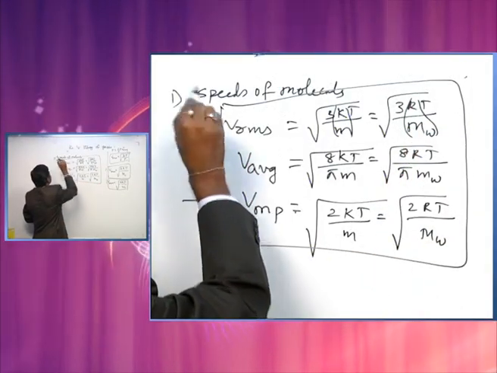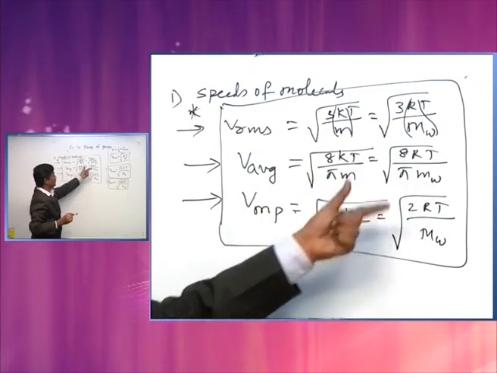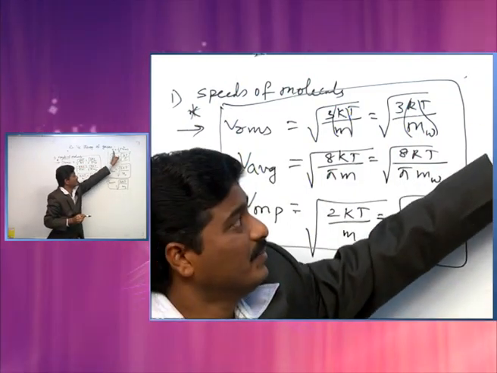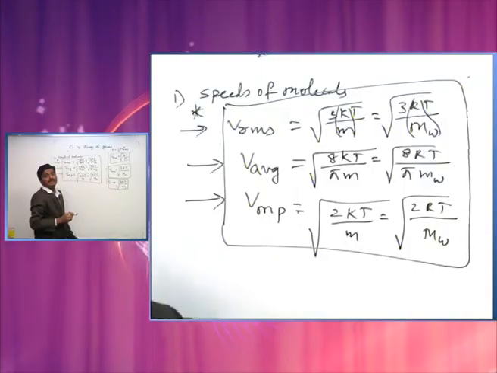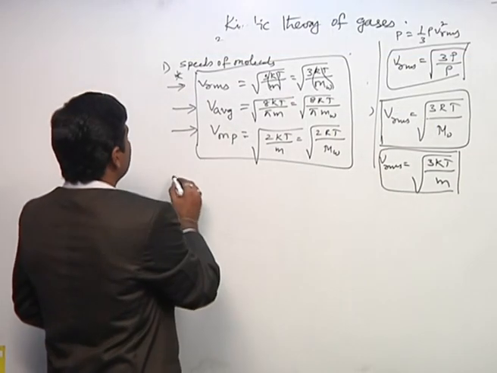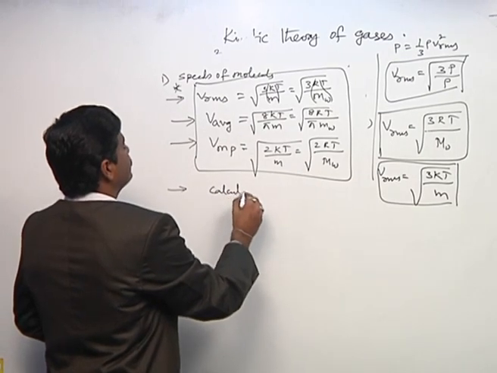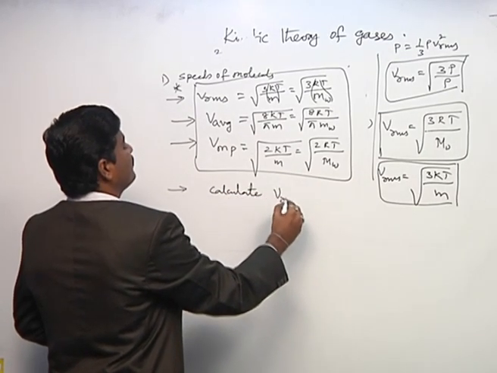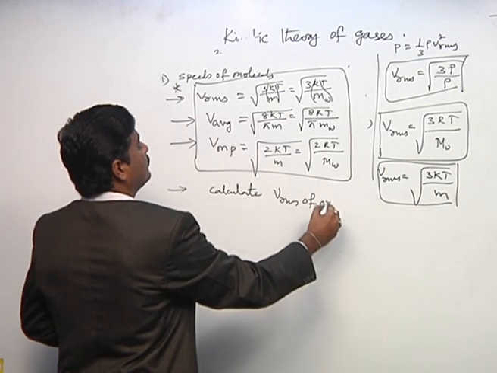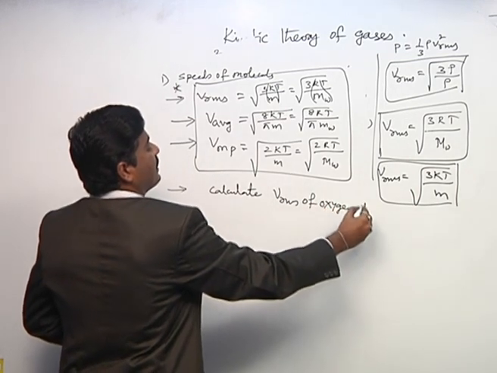So in examinations, generally they focus on these values and this relation between pressure and density. See here, suppose we are given a question like this: calculate the V RMS speed of oxygen at room temperature.